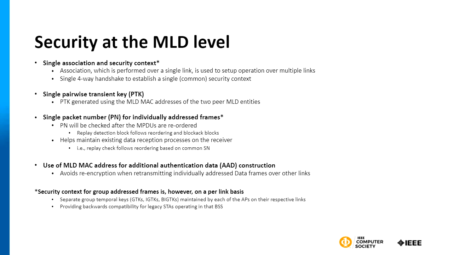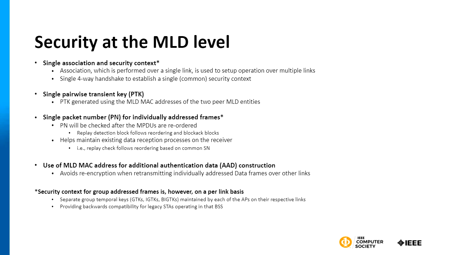As I mentioned, security is at the MLD level. So we have a single association and security context, essentially one password, if you will, per multi-link device. Authentication is performed over a single link. However, when you perform association and authentication, you are also able to set up operation over multiple links.